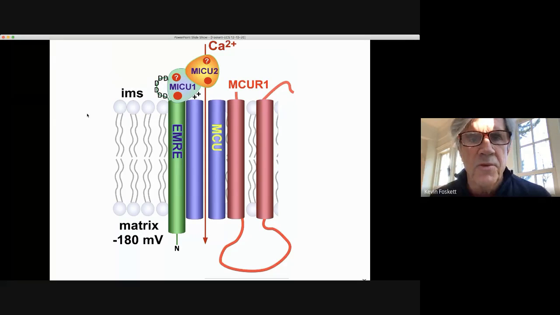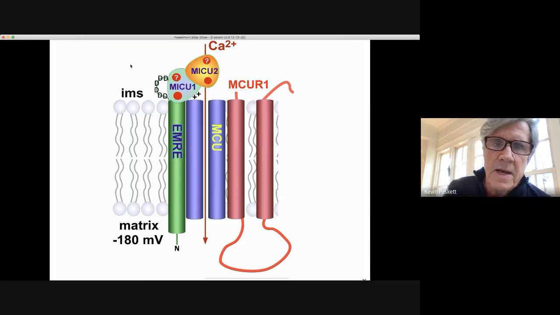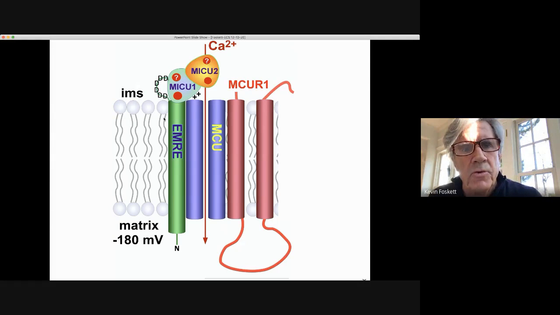In fact, MICU1 was the first protein discovered of this ion channel complex, and it associates with the complex in part through an interaction with an acidic C-terminal tail of EMRE. It forms an obligate heterodimer with MICU2, or in some tissues MICU3, but in most tissues it's the MICU1-MICU2 heterodimer.